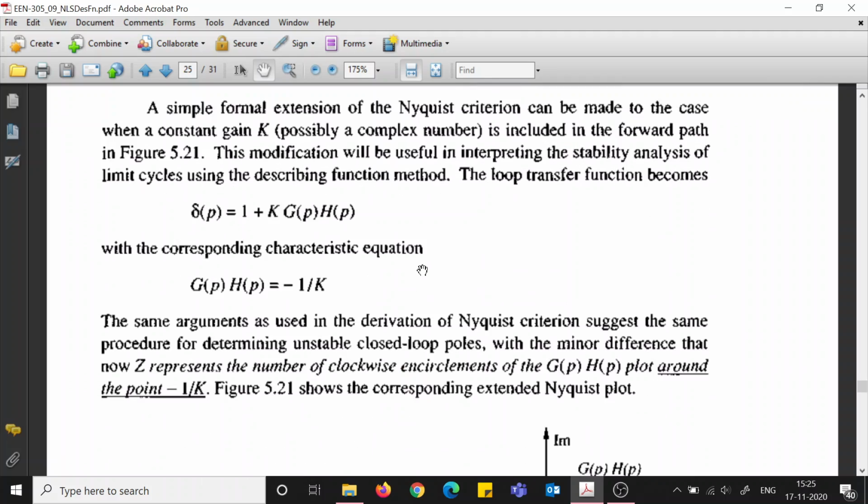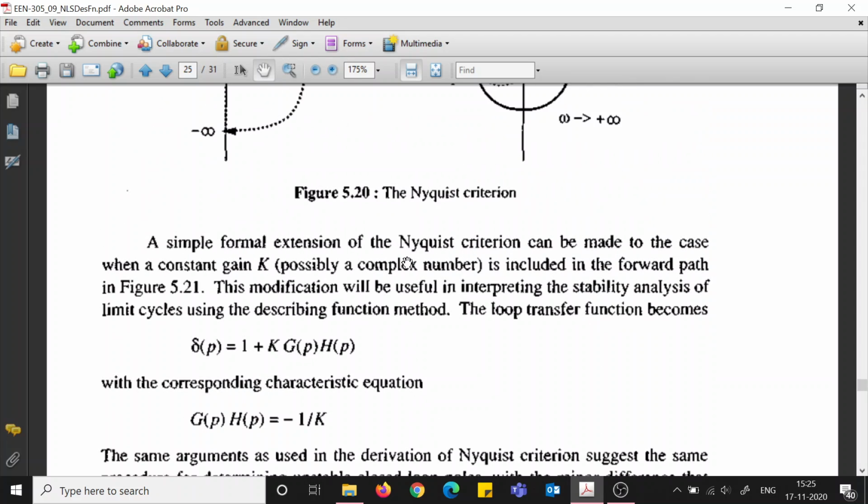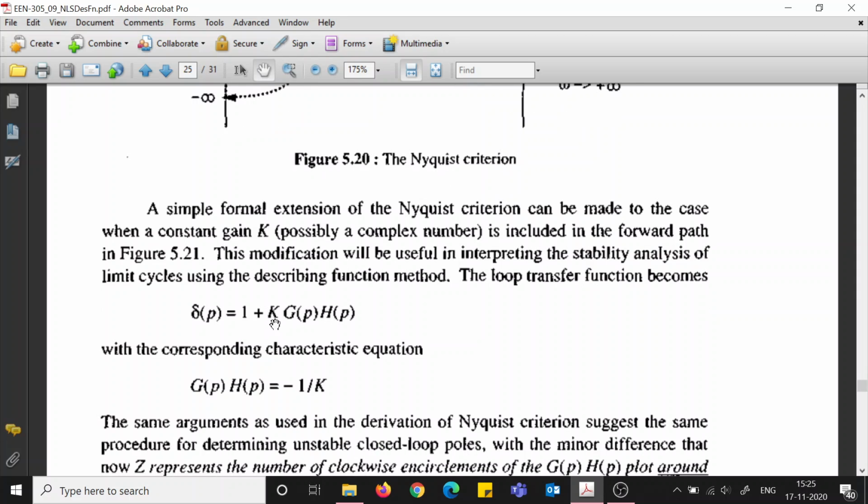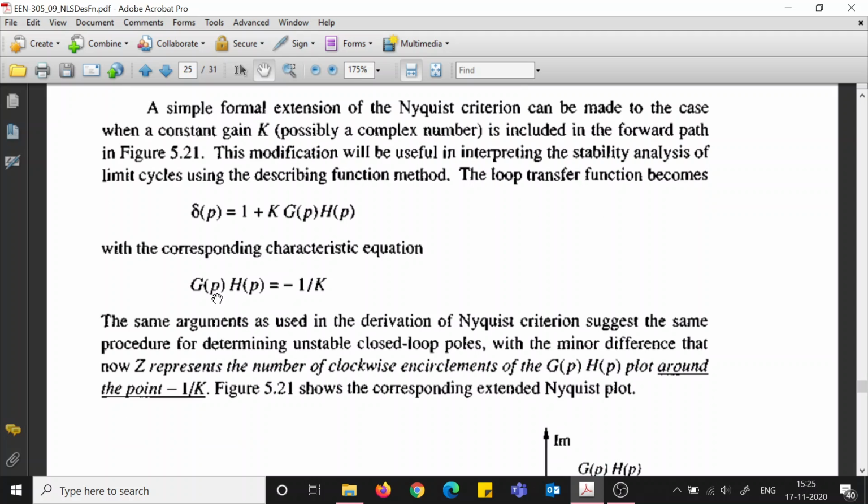But we extend that criteria here. We can give a simple extension. If we have a gain associated with this GP-HP, a gain K, then basically we have the characteristic equation as this.